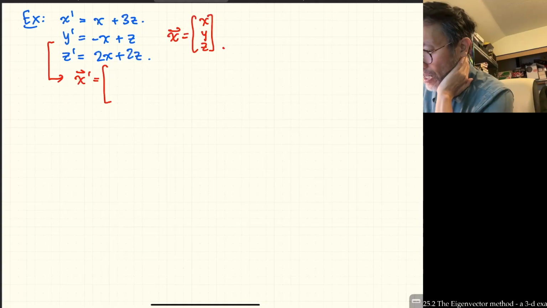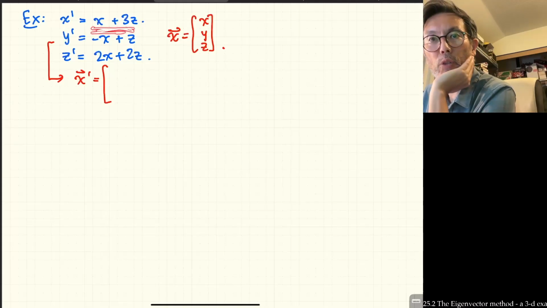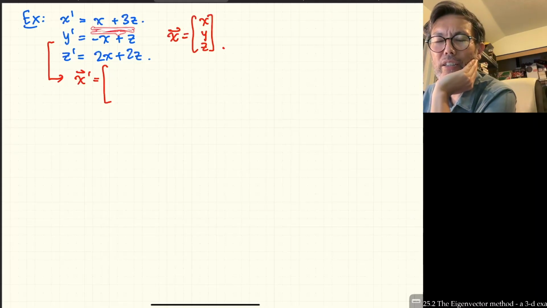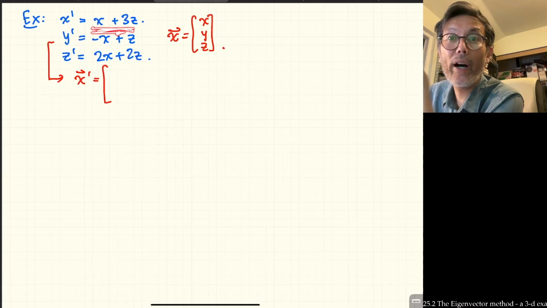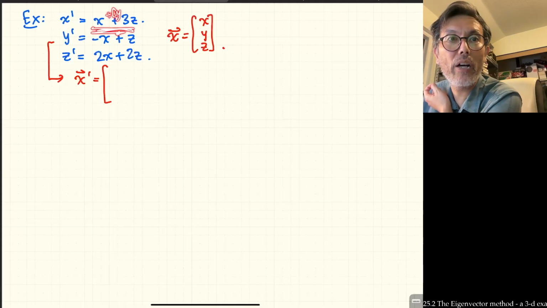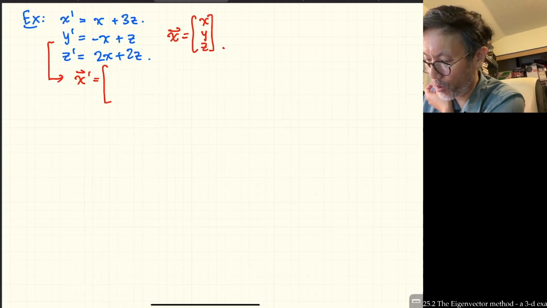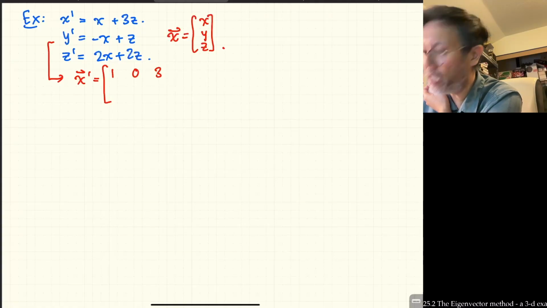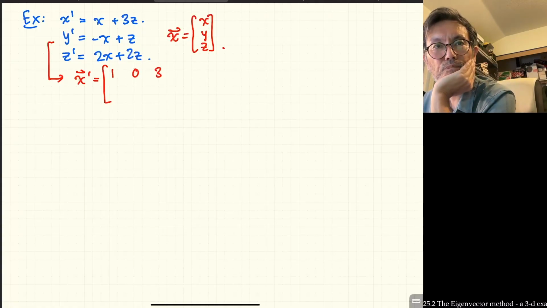I'm looking now at the coefficients in this first equation, and I get 1, 0, 3. Why 0? Because there's an invisible 0y that nobody bothers writing. So I get 1, 0, 3 for my first row.